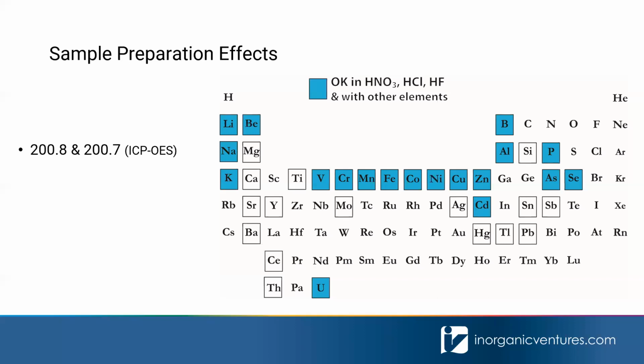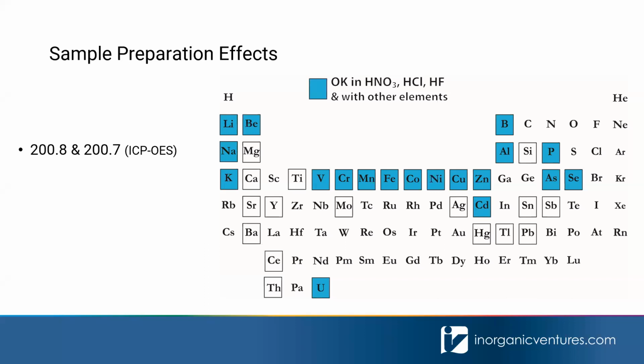So if we group those two methods together and look at the elements that are part of them, this chart is showing you all of the elements that are part of the methods. Those are in the boxes. And then the ones that are highlighted in blue, the nice thing about these elements is that they are absolutely indifferent to which mineral acid you're using.